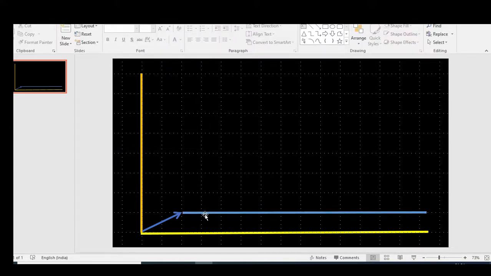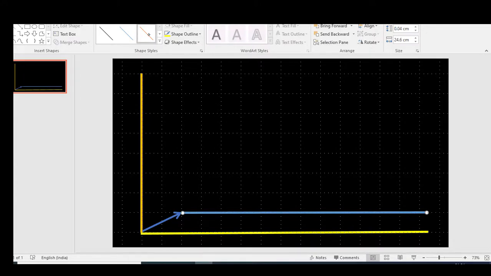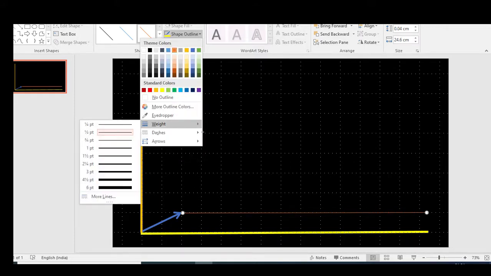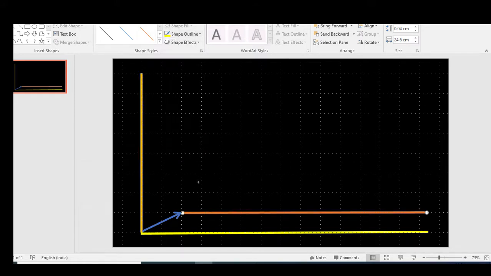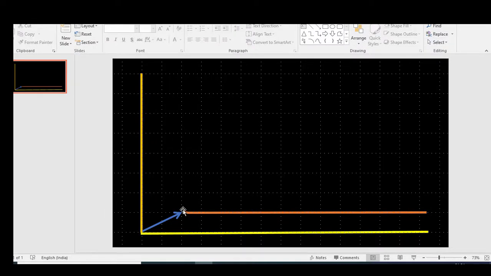Let us select a different color, otherwise it will confuse you. Now, if we consider this vertical height of I naught, let me check whether I can write here or not.